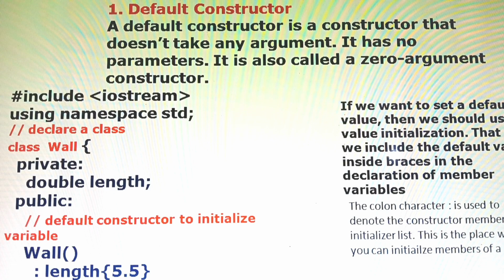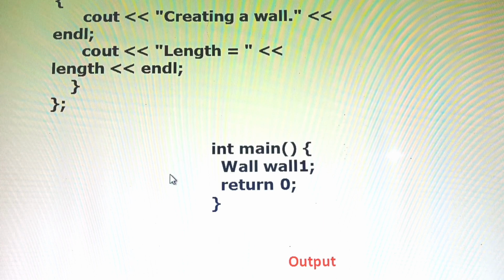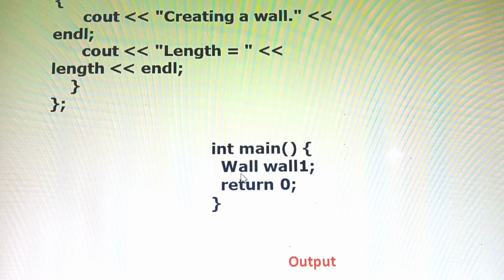Then continuation of the program. Print the output, "creating a wall", then print the value. Then the class definition is terminated and we come to the main program. Create the object of Wall. Wall is the class name and at the same time it is the constructor name. Wall1 is the object.